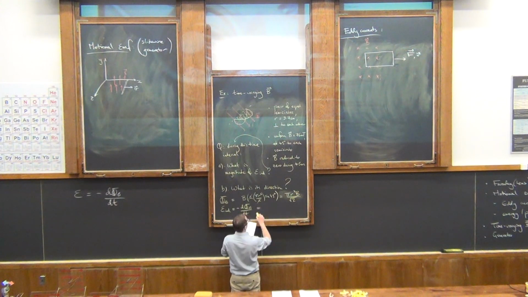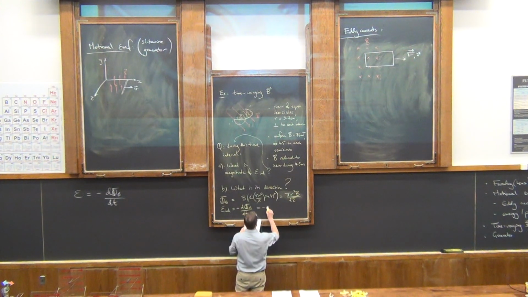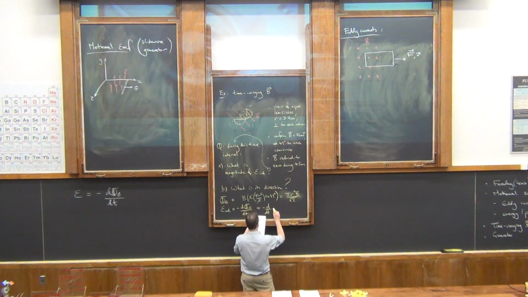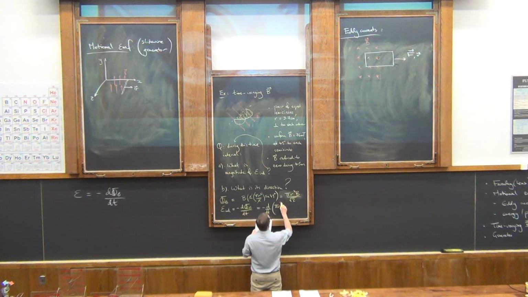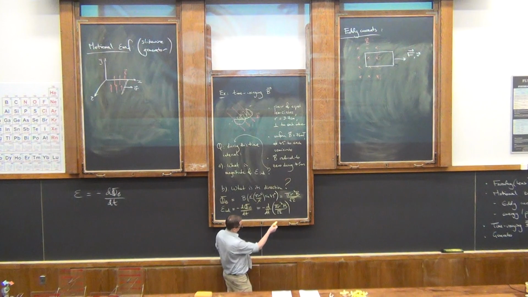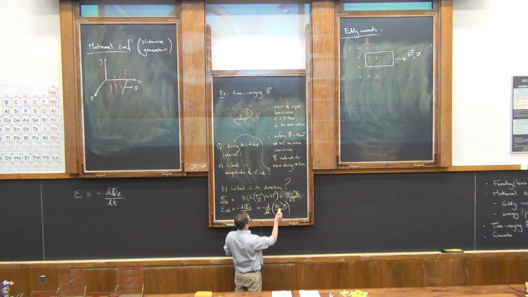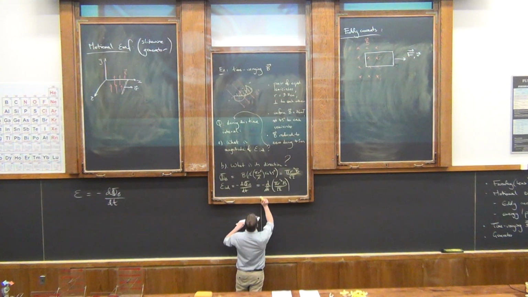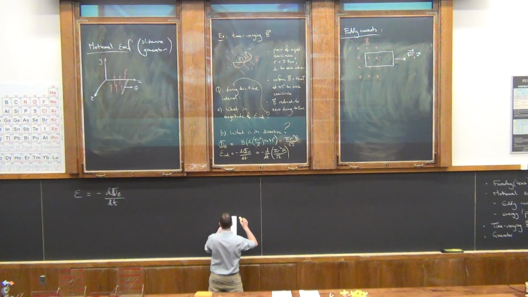So now it's minus d by dt of pi r squared B over root 2. Okay? And so the only thing that is explicitly changing with time, of course, is the magnetic field.